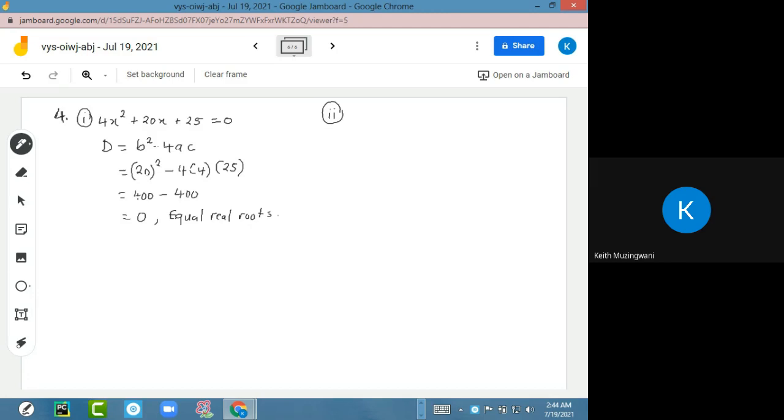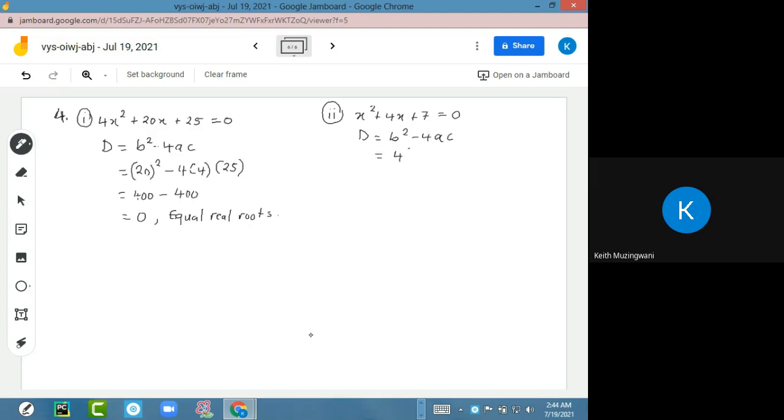So the job with us is this thing that I'm doing: 2x squared plus 4x plus 7 is equal to 0. Again, all we need is D, which is b squared minus 4ac.